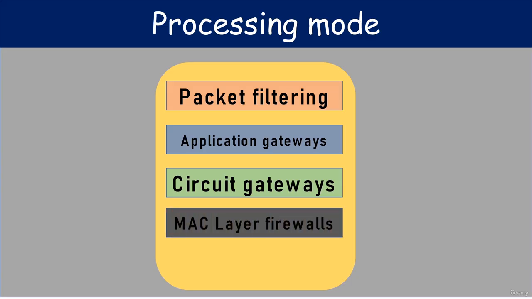Okay, so let's start with this. This firewall is designed to operate at the media access control layer of the OSI network model. It is able to consider a specific host computer's identity in its filtering decision. MAC addresses of a specific host computer are linked to the access control list, which is also called ACL, entries.